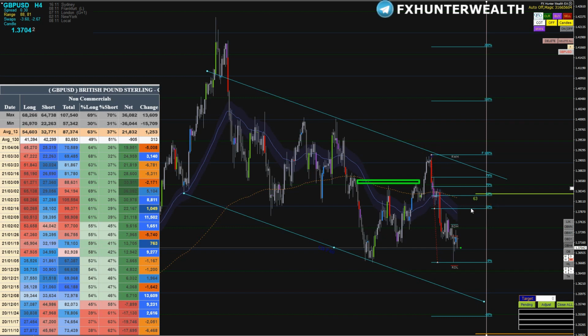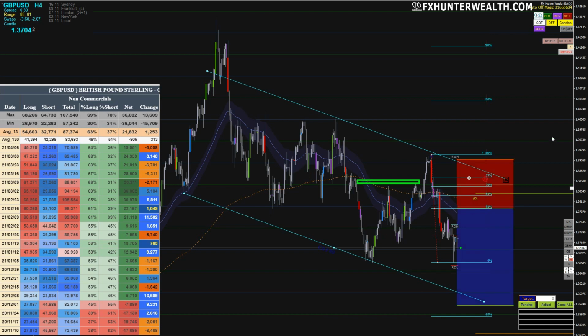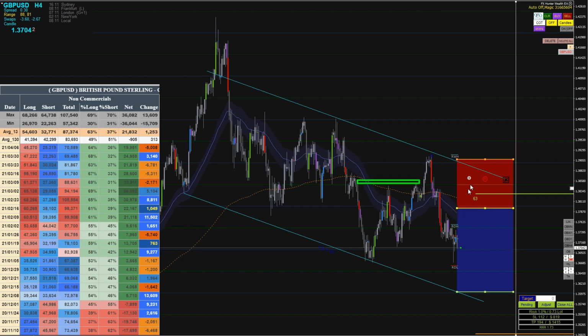If price will pull back in here, I could take another short in here, at the 50% retracement, with the target somewhere around here at the whole number, right? And yeah, this does not give so good a risk reward ratio. It's still 1 to 7, but it could be nice, right?